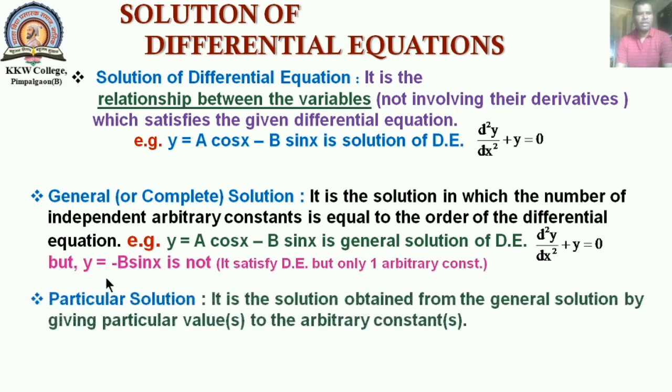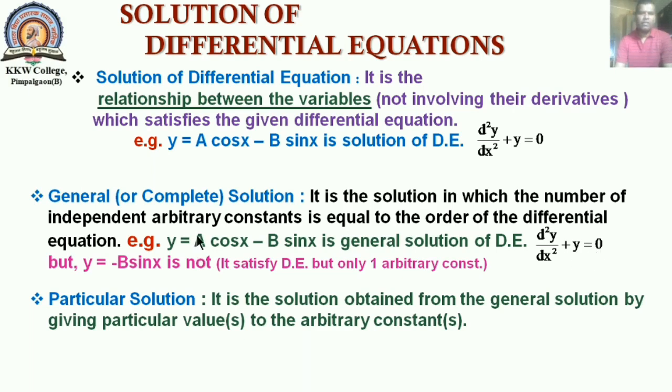But y = −b sin x is also a solution of the differential equation, but it is not the complete solution, because y = −b sin x contains only one arbitrary constant, and the order of the differential equation is 2. y = a cos x − b sin x is the complete or general solution of this differential equation d²y/dx² + y = 0.